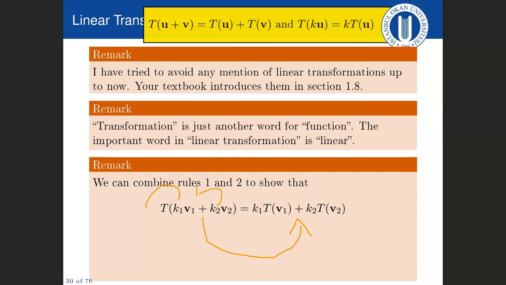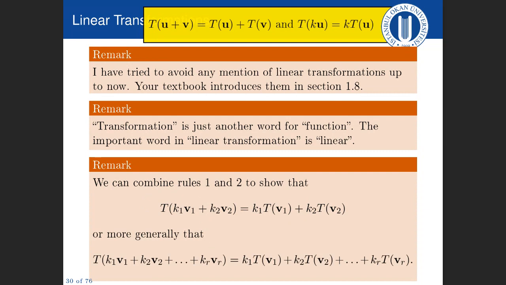So this is going to be the same as K1 T of V1 plus K2 T of V2. Or more generally, if we had R vectors and R scalars, T of K1 V1 plus K2 V2 plus dot dot dot plus KR VR must be the same as K1 T of V1 plus K2 T of V2 plus dot dot dot plus KR T of VR.